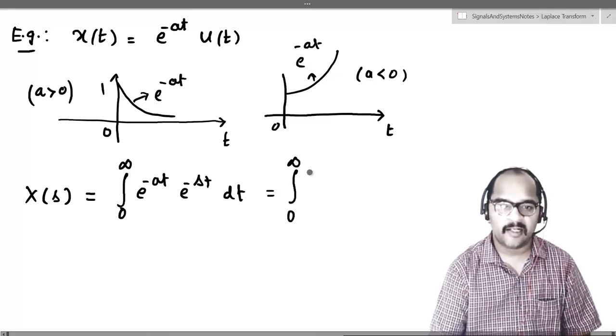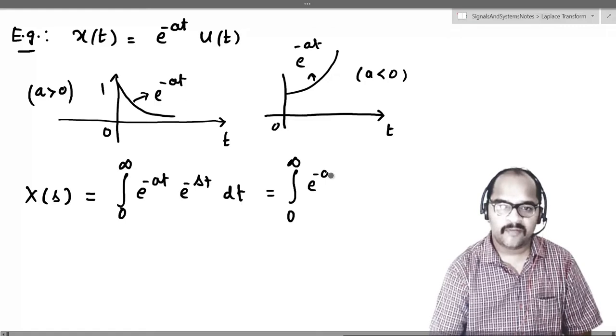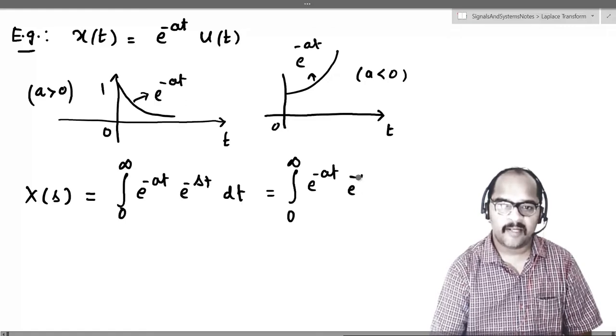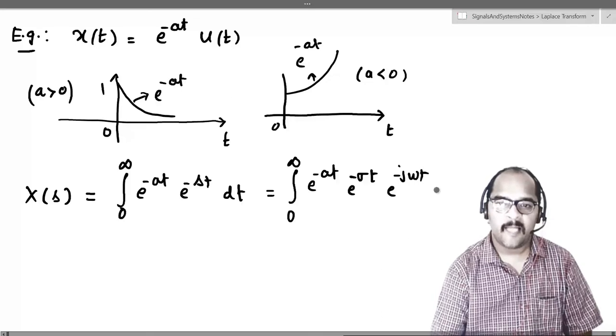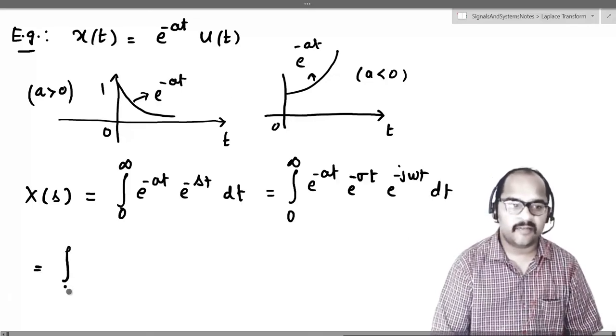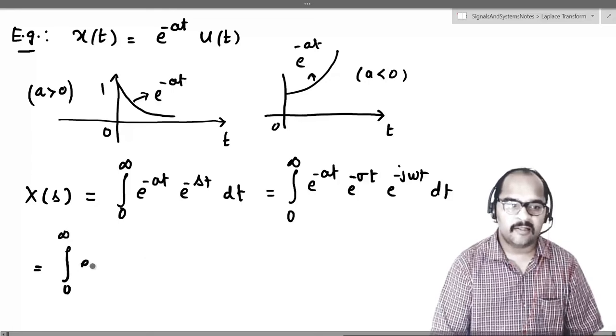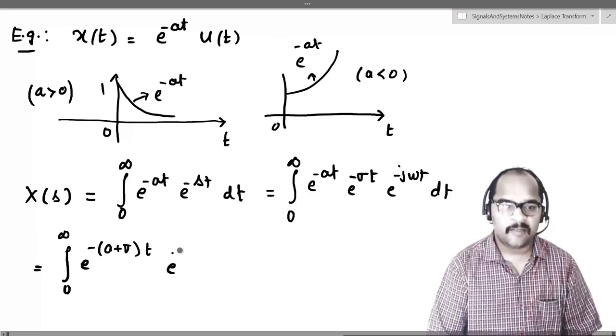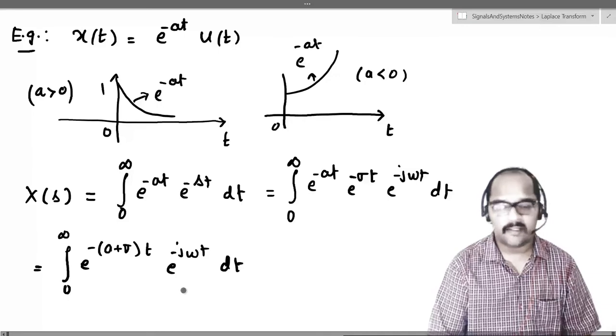You will get integral 0 to infinity e power minus at e power minus sigma t e power minus j omega t dt, which is the same as integral 0 to infinity e power minus of a plus sigma t multiplied with e power minus j omega t dt.